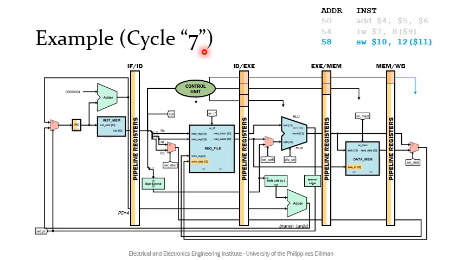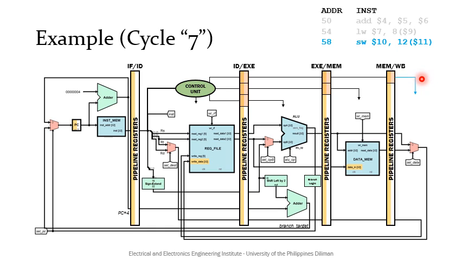Now at clock cycle 7, even if the store word has already finished writing into the data memory by the 6th clock cycle, which is the 4th clock cycle for store word, signals are still passed to the write back stage at this clock cycle, the 5th clock cycle for store word.